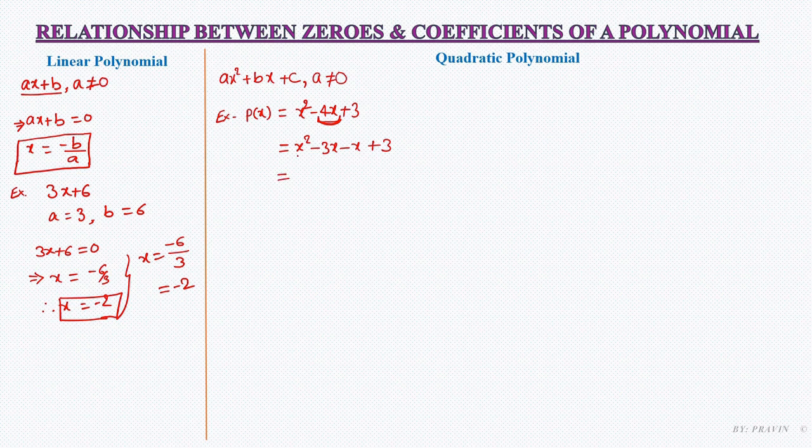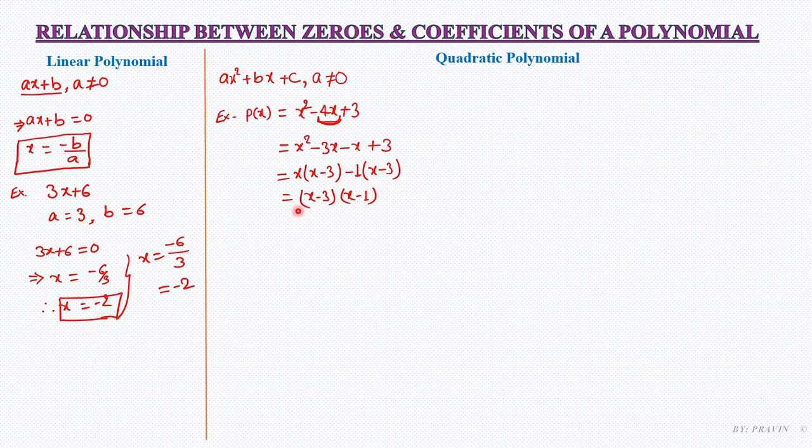Taking x common, you find x minus 3, and here taking minus 1 common, you again find x minus 3. So finally you have x minus 3 into x minus 1.